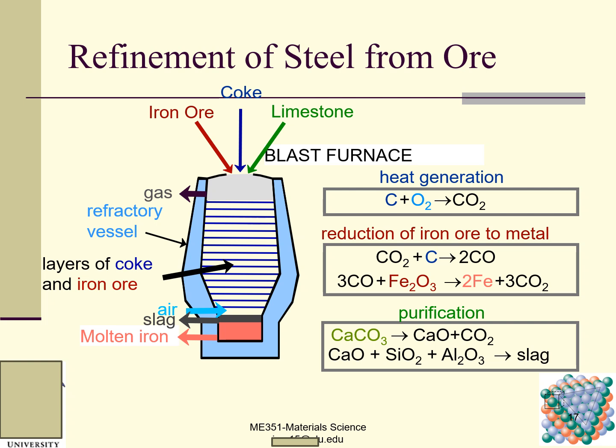Be very, very careful. Then this reacts with Fe2O3, and we can have 2Fe plus three carbon dioxide molecules. And purification: this will be a gas that is released, CaCO3 gives CaO plus CO2.